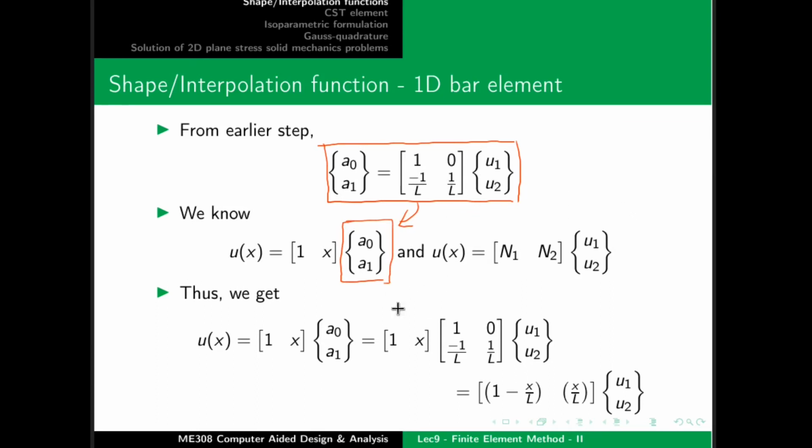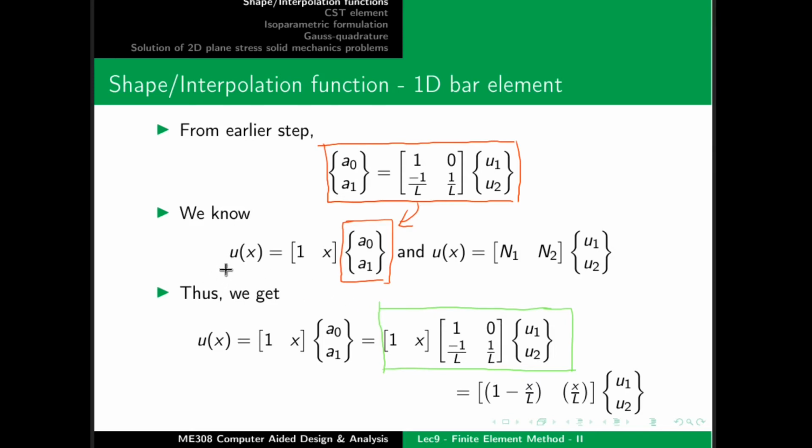So we get the product of three matrices: 1 x, then 1 0 minus 1 by L 1 by L, and u1 u2.